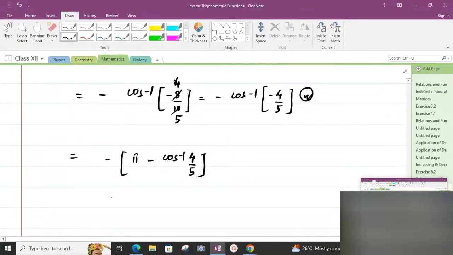Again according to this, here will be minus pi by 2 plus tan inverse minus 4 by 3.